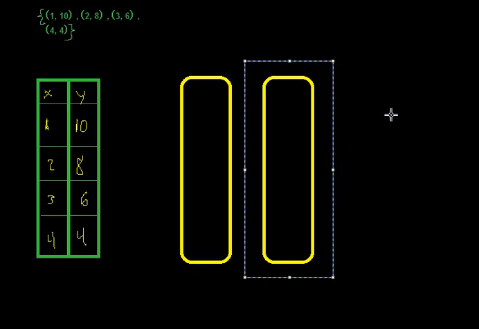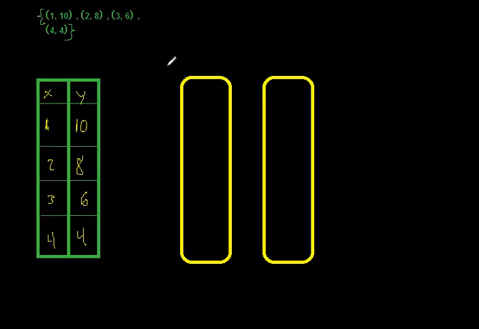Mapping is a way of looking at kind of a futuristic type of map where my x values, I'll call these my x's, these my y's, are going to map to my y's.